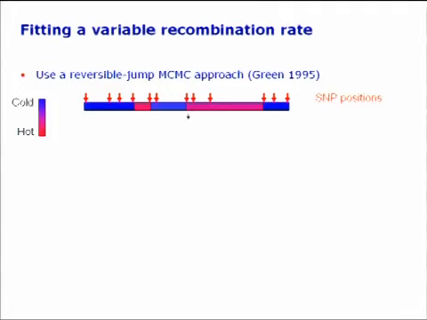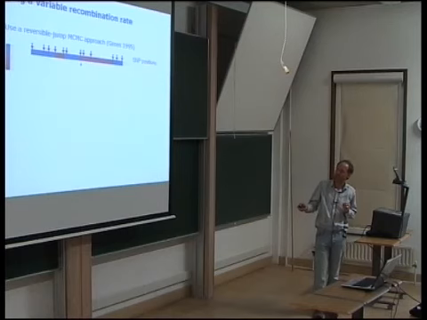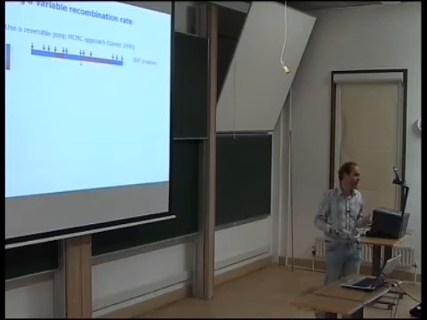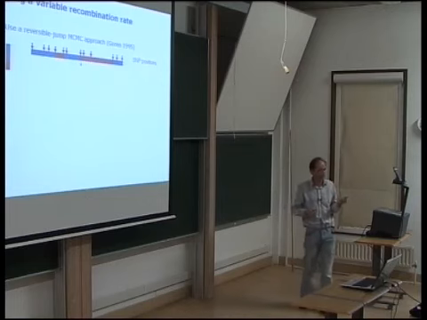Here's the region I'm interested in, and the red arrows are meant to illustrate where I've got SNPs. And I'm going to start with some guess at what the recombination profile looks like across the region. And I've color-coded it so that blue means low recombination rate, red means high recombination, and pink means something in the middle.